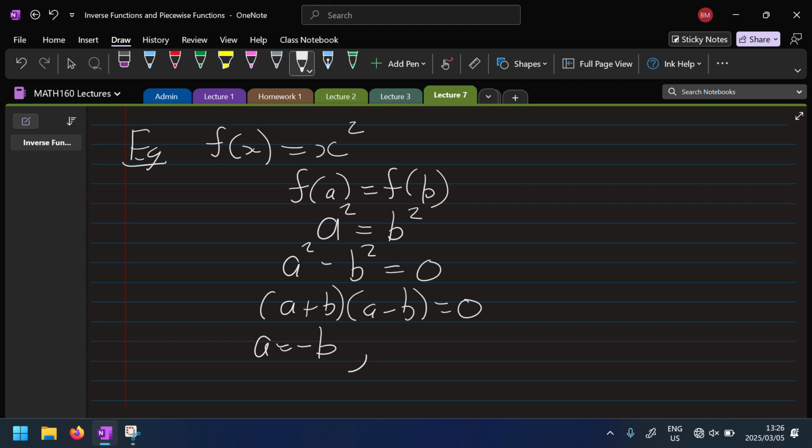We also get a minus b equals 0, so a equals b. The a equals b is fine, okay? But the problem is you can also have a equals minus b. So it's not injective. What we want is the answer to be a equals b and only that. Here we've got a different solution. We've got 2. That's a problem. This is not injective.